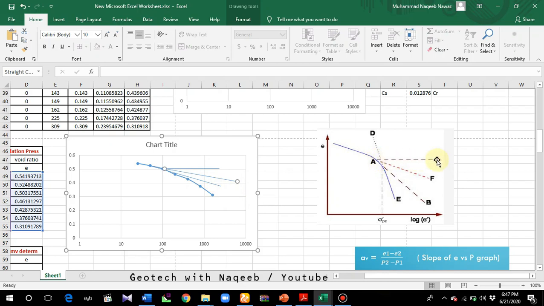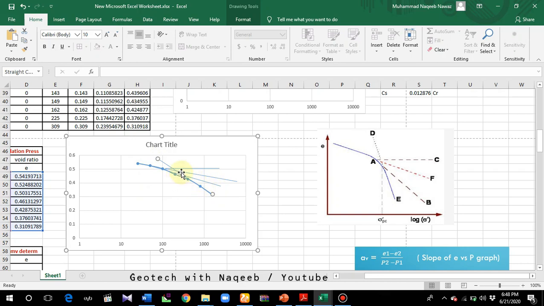Firstly, draw a horizontal line. Select the point, draw a horizontal line, then draw a tangent, that is AB, then draw the angle bisector AF of AB and AC. Then extend the linear portion of this curve backward, like this.